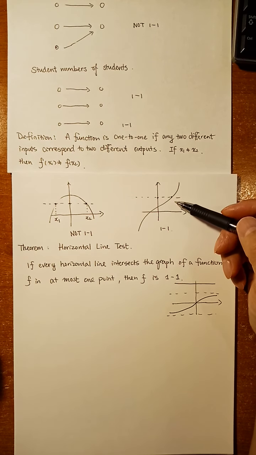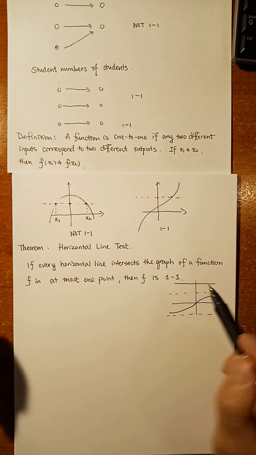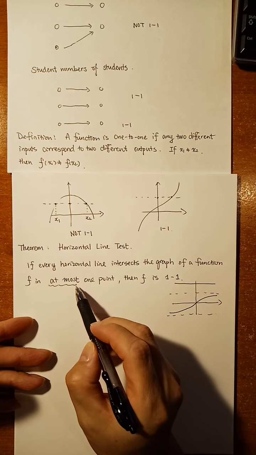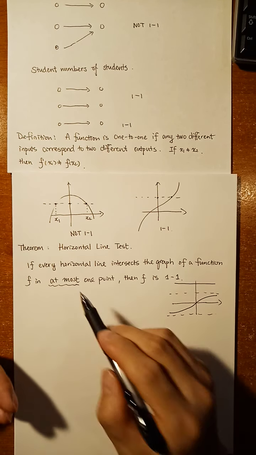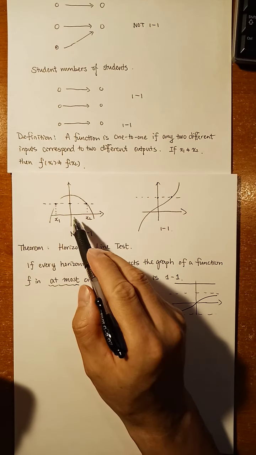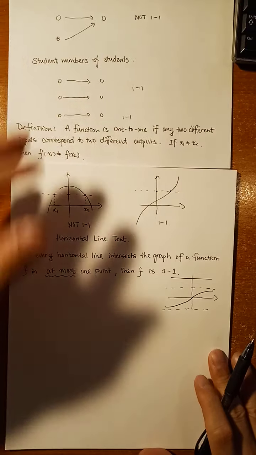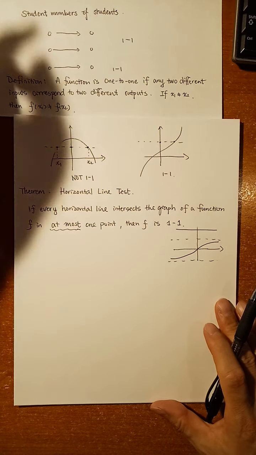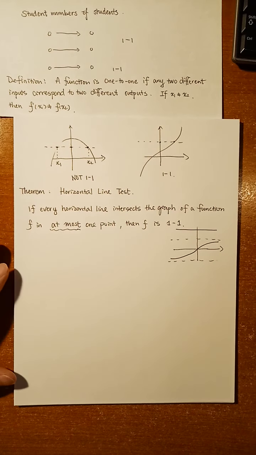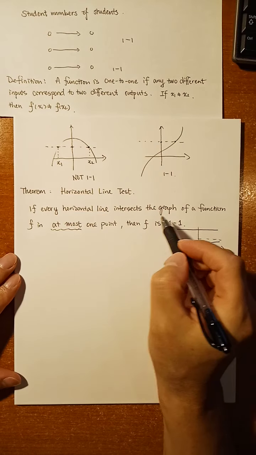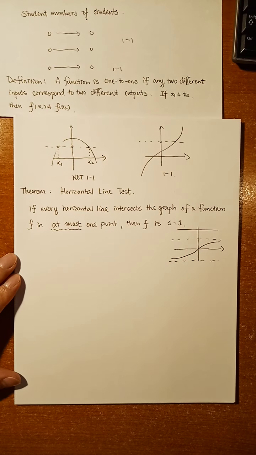Here the intersection is 1 or 0. They are covered by this condition, at most. But this one has 2 intersection points, so it's not 1 to 1. Okay? When you have the graph, you can use this way.